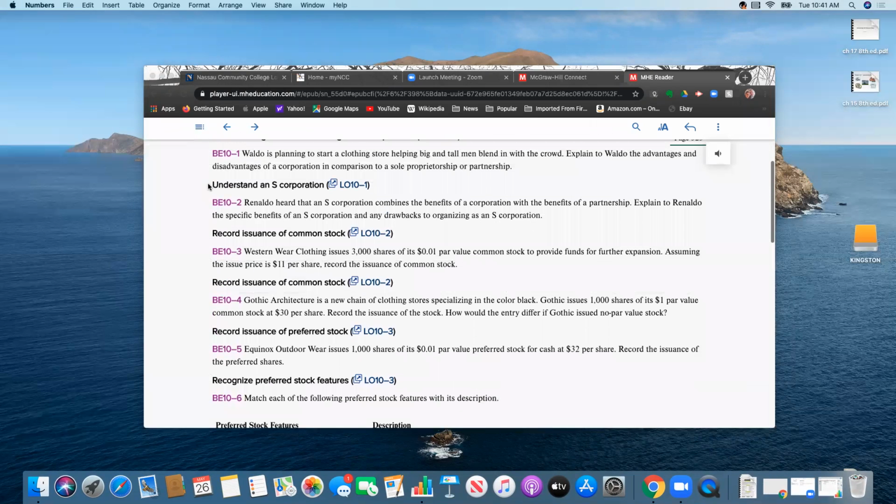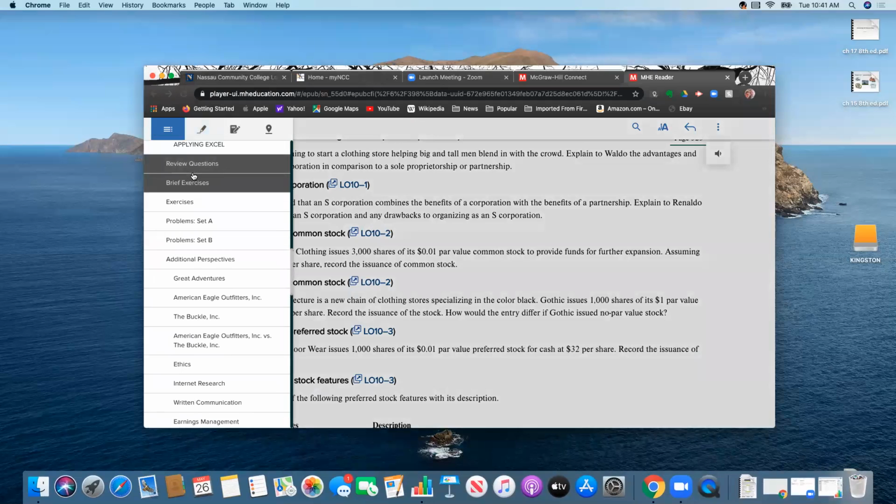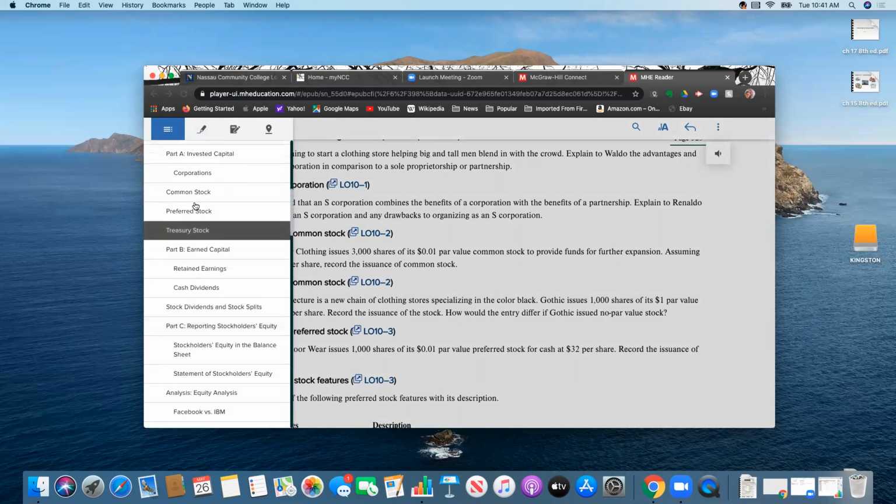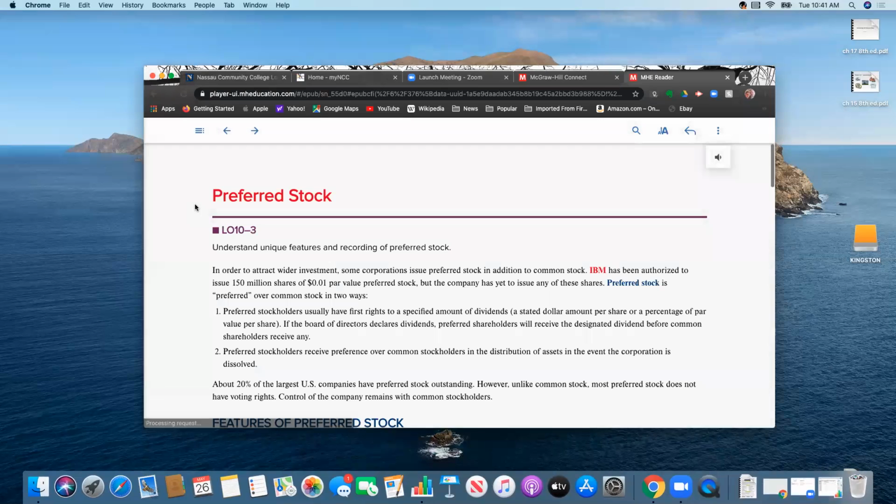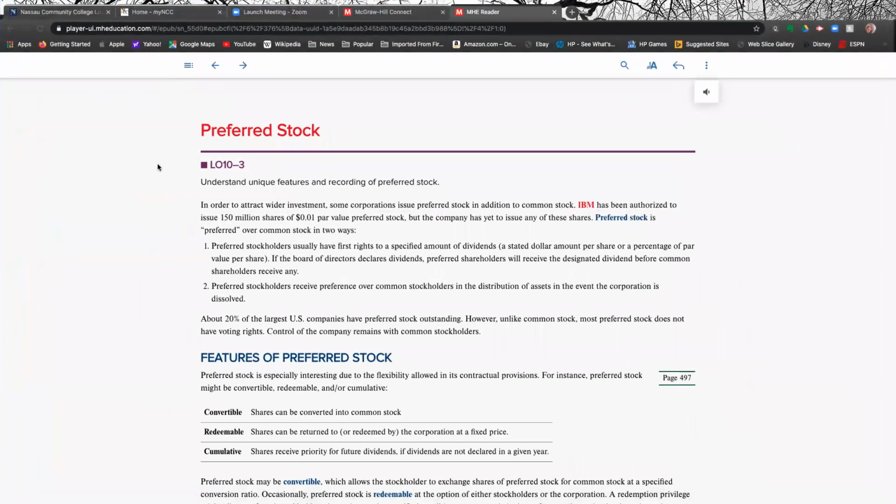Okay, now let's go back. Some companies, not many, some companies can have more than one type of stock. Every corporation has to have common stock, but sometimes companies have additional stock.